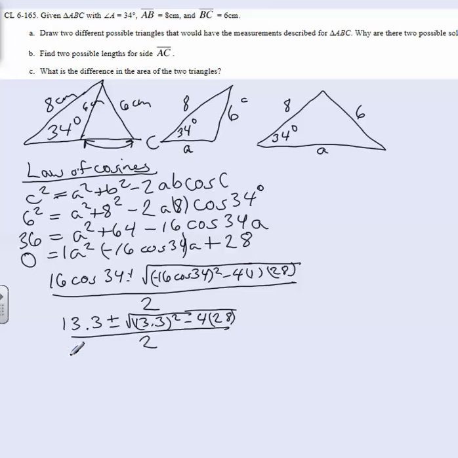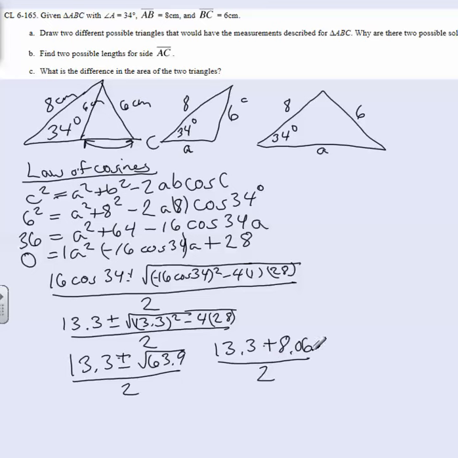This simplifies to 13.3 plus or minus the square root of 63.9, divided by 2. And so we're going to get our two answers, 13.3 plus approximately 8.06 divided by 2, giving us approximately 10.7 centimeters.